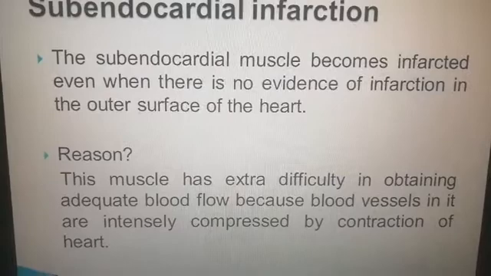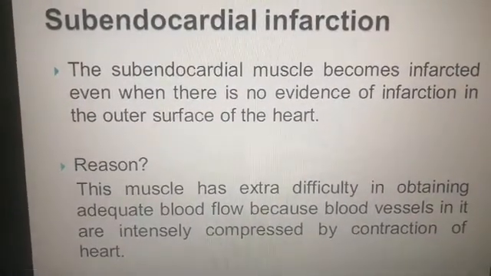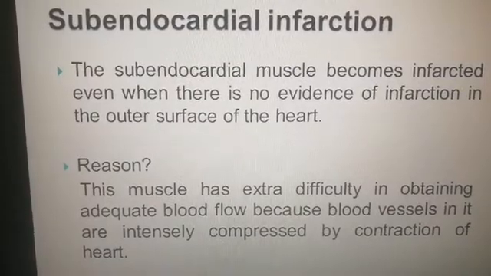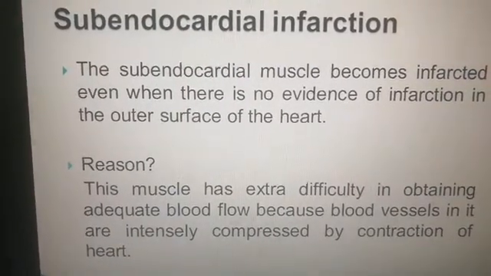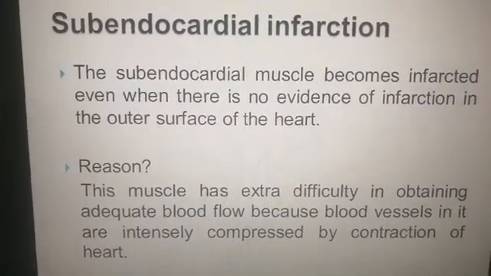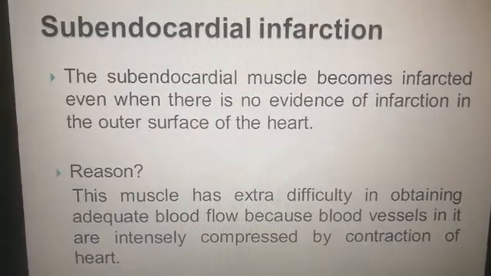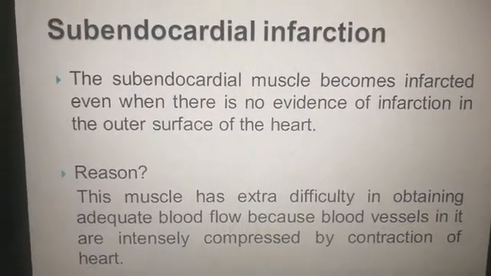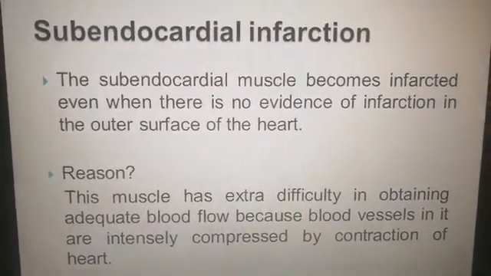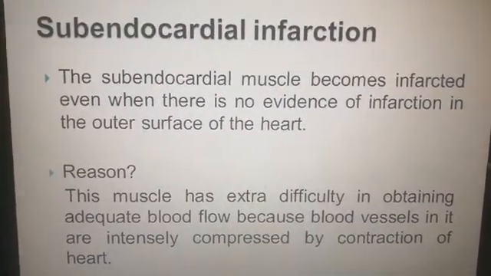So it is the internal area, and it receives blood at the last stage: firstly the outer side of the heart, then the inner side of the heart. So when infarction occurs, the inner side of the heart, which is far from the blood supply, is infarcted on a priority basis.